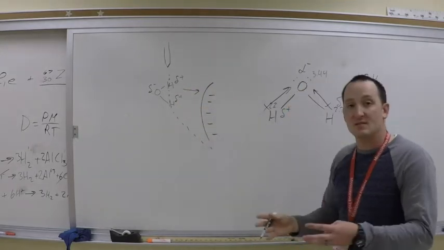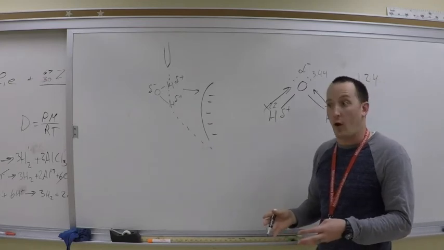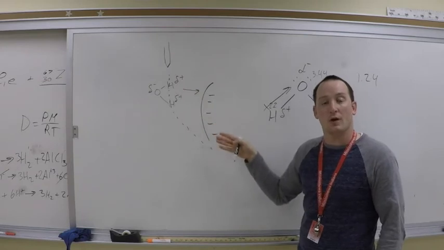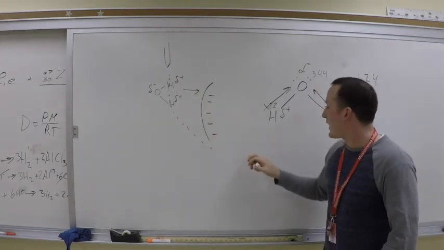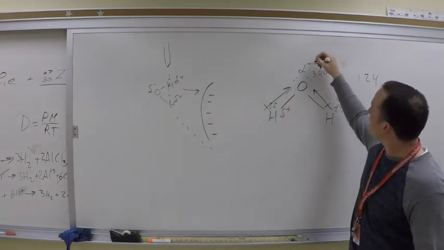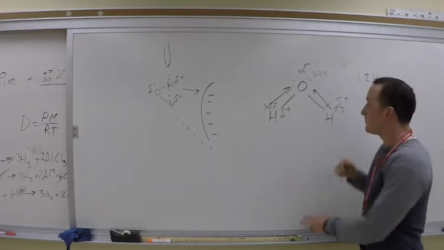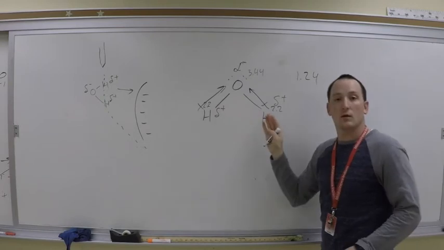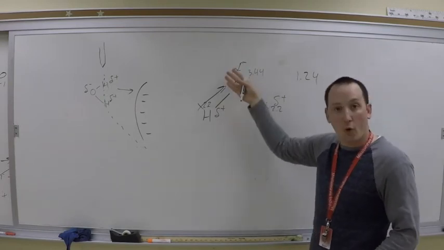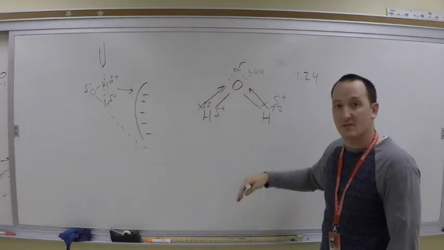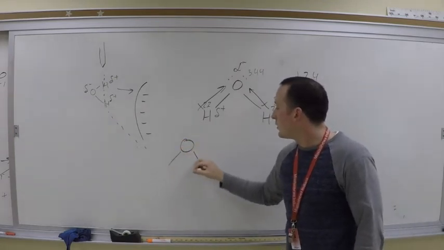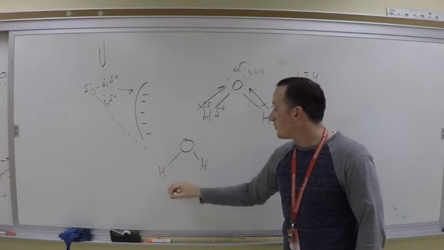Now, this happens in water all the time, except instead of water being attracted to a balloon, they're attracted to each other. So here's what happens. I'll use my diagram right here from previously. Okay, if I've got water, it's polar. It's got a negative side and a positive side. Well, what would happen if I had another water molecule get close to this water molecule?